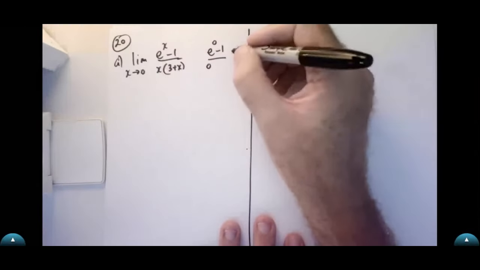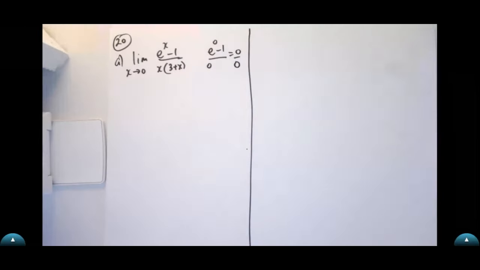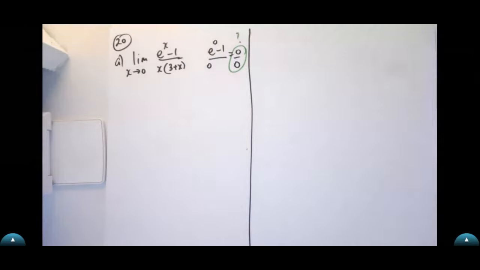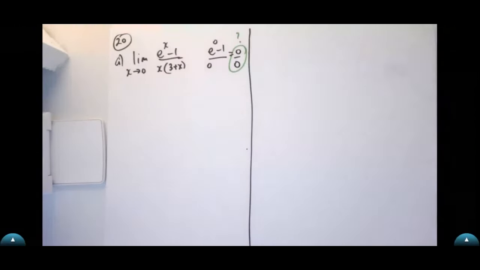You get 0 on the bottom, and 1 minus 1 equals 0 on the top, so 0 over 0. This is a weird form. Some people will look at this and ask what it even means. 0 divided by 0. Well, you've got the same on the top and the same on the bottom, so clearly it is 1.